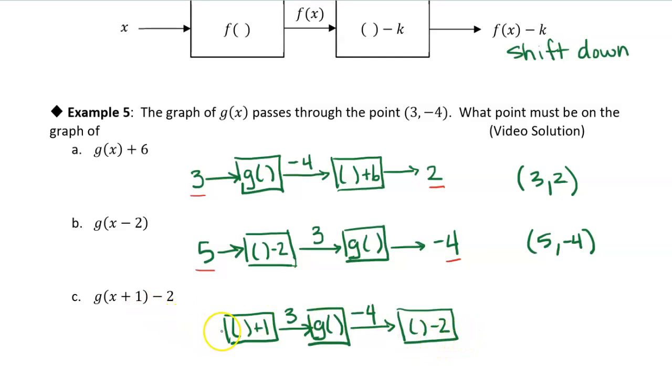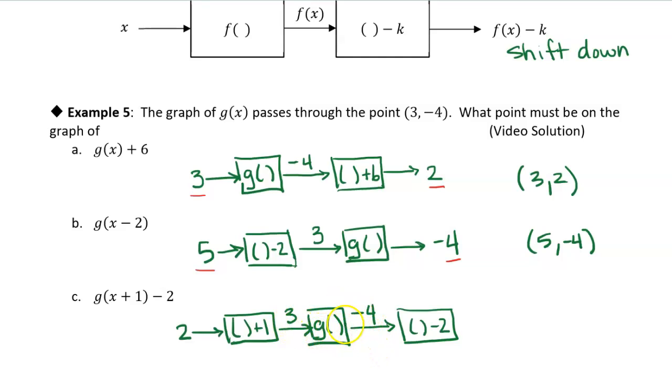So let's take a look at what input it will take. What x value will give us 3 after we add 1 to it? This is going to have to be a 2, right? If we have an input of 2, then 2 plus 1 is 3, and that's the input that I want for g of x because that's the value I know.